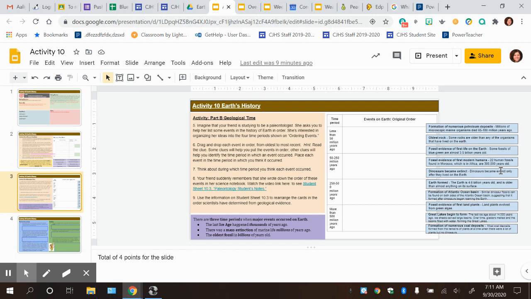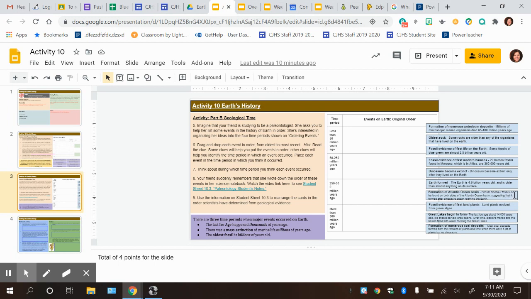Dinosaurs became extinct. Dinosaurs became extinct only after they lived on Earth. Earth formed. The Earth is 4.6 billion years old and is older than almost anything on its surface.